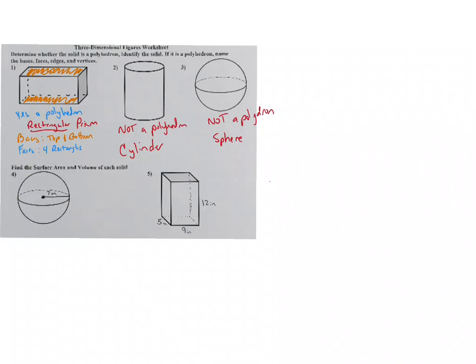So this would be 1, 2, 3, and then the front one, 4. So the left one, the back one, the right one, and the front one. So that says connecting the bases.